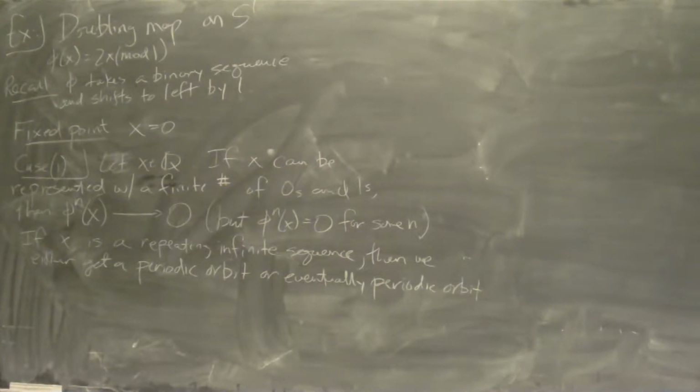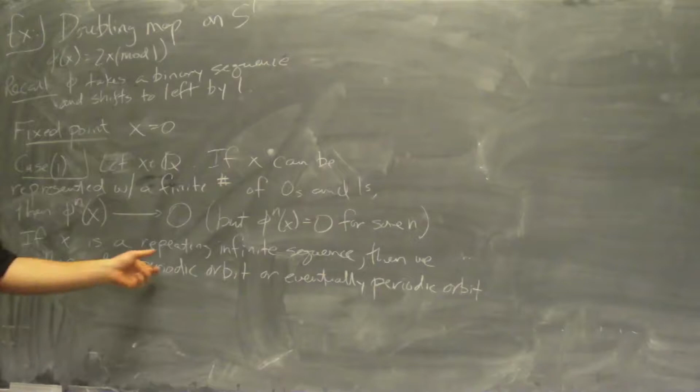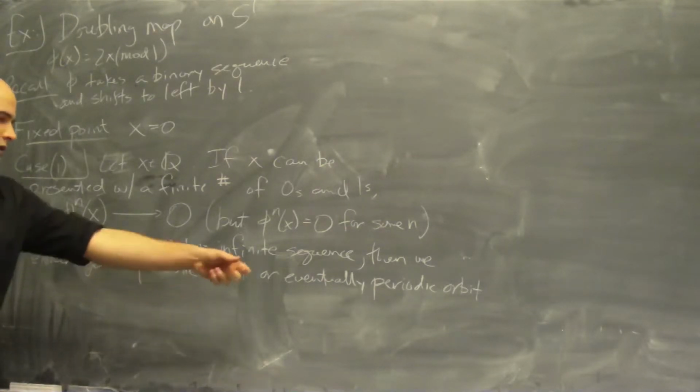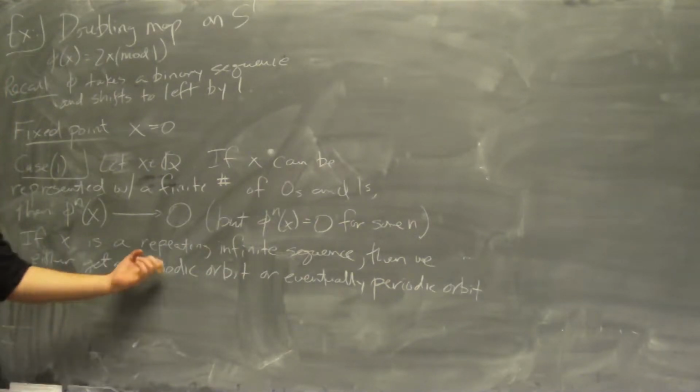So we'll either have a finite bit of zeros and ones, or we'll get some kind of repetition depending on where it starts. And whether we get periodic or eventually periodic depends on where the repetition is happening.